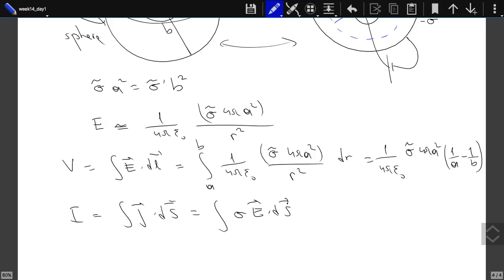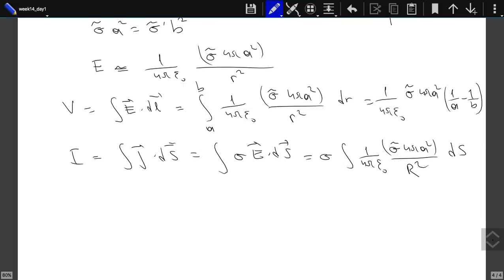Again, the electric field is in the radial direction, and ds is in the radial direction because we just take a spherical surface. So this is equal to sigma times 1 over 4 pi epsilon 0, sigma tilde 4 pi a squared over capital R squared times ds.